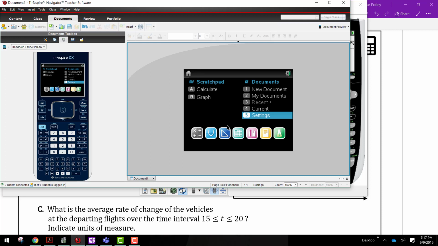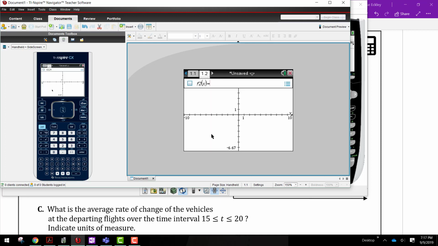Okay, so I'm going to add a graph page to add the function, and I'm going to work from there. Or actually right now I could just add a calculator page to do part A, but we already did that.